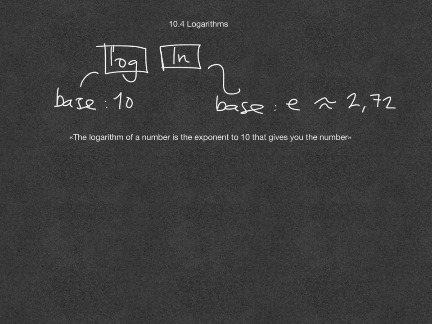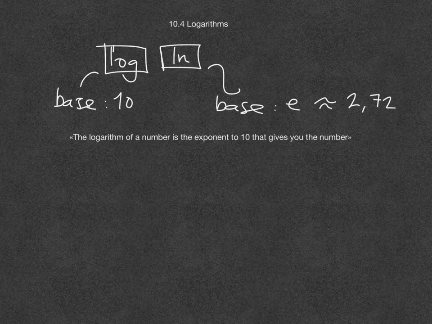The logarithm of a number is the exponent to 10 that gives you the number itself. Now, if you can memorize that phrase, that will be helpful to you in the future. So, just try to memorize the phrase, and eventually maybe you can make sense of it. But the important thing is to be able to remember this rule.